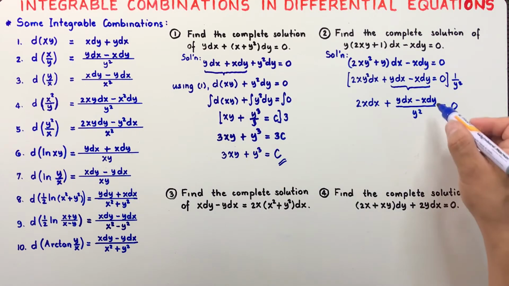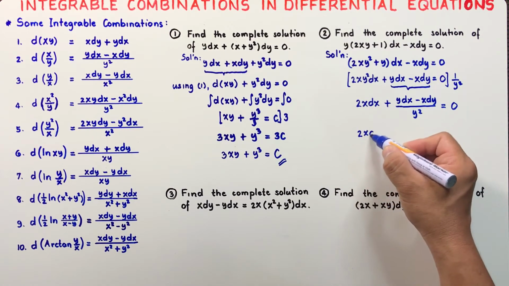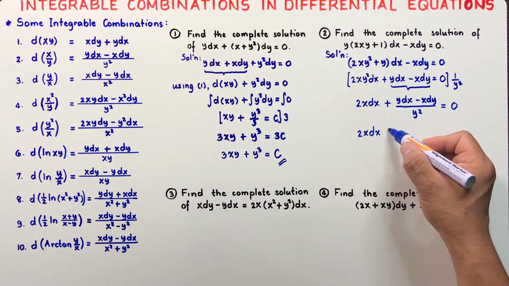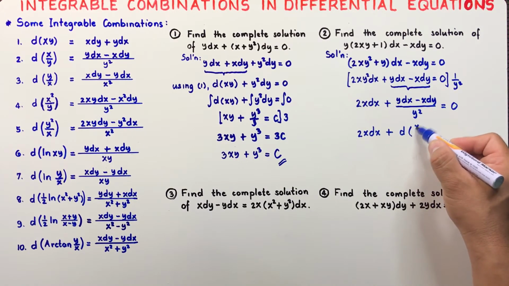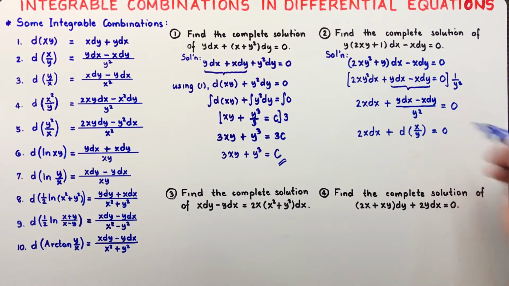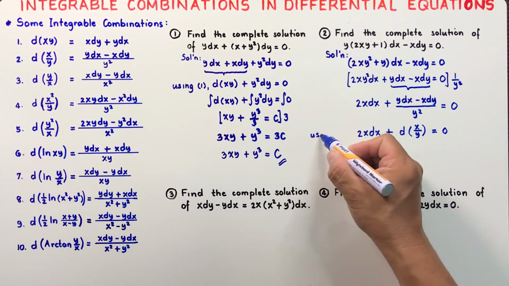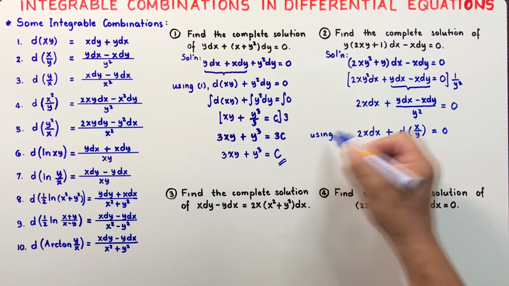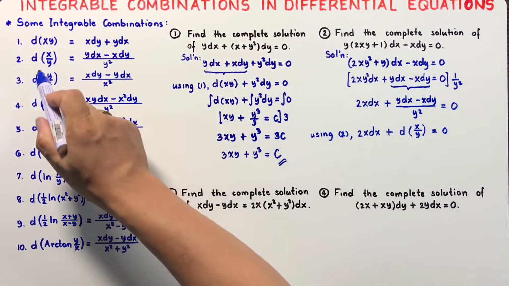So instead of writing this one, we will replace that one by its equivalent differential. So this is the differential of x over y, which is equal to 0. And actually this happens because we use our integrable combination number 2 here.